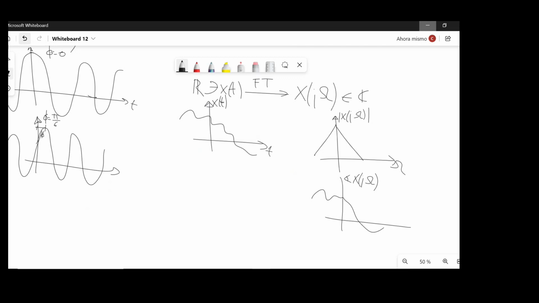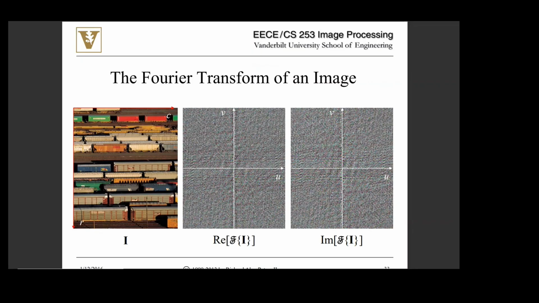Now it is symmetric. You can also represent the real part of X of omega, or the imaginary part. You can take the complex number and represent whatever part you want, but you cannot represent the complex number itself.